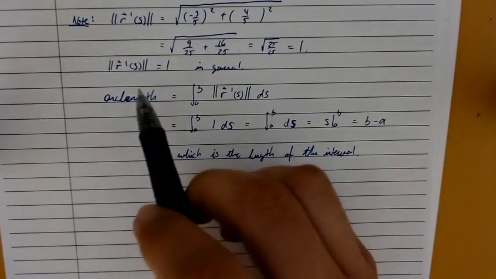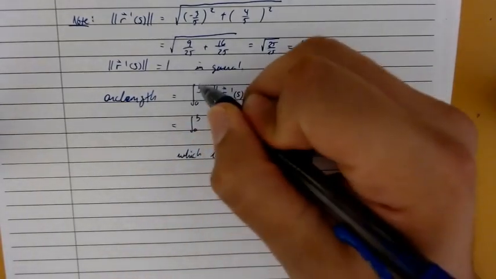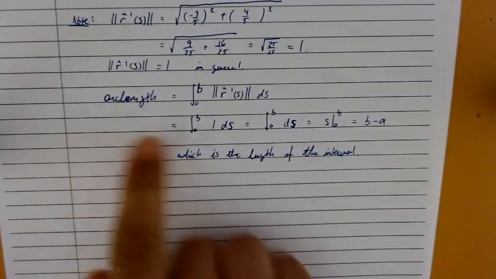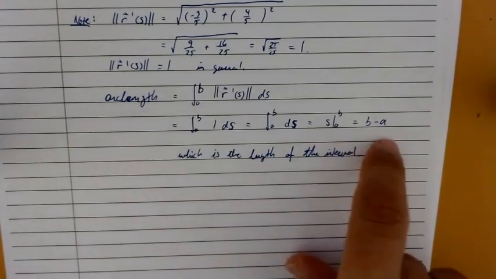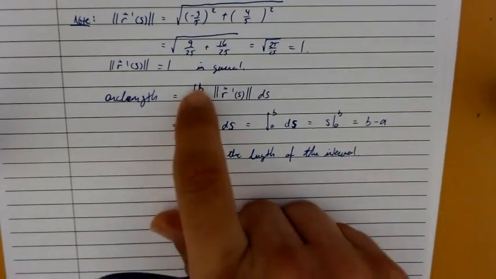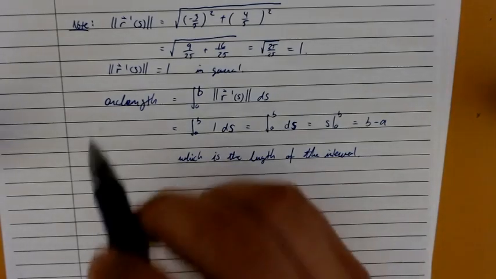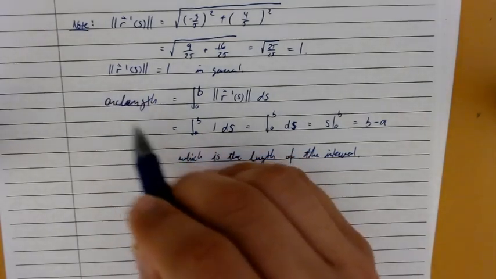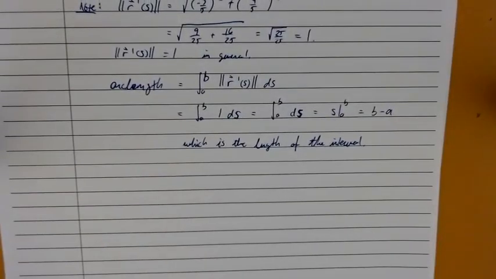So here, as long as you've parameterized in terms of the arc length, then we can find the arc length by simply taking the boundaries and subtracting them. Or in other words, finding the length of the interval over which you're integrating. That simplifies greatly what's an otherwise unpleasant result.